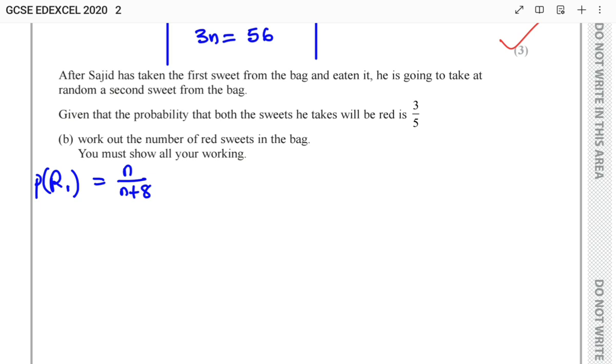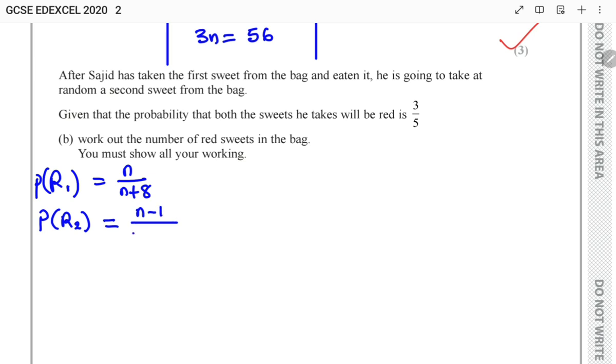Given that the probability that both the sweets he takes will be red is 3 over 5, meaning that he's taking a second, which is red. Now, remember, he's eating it. So it means that it cannot be replaced.